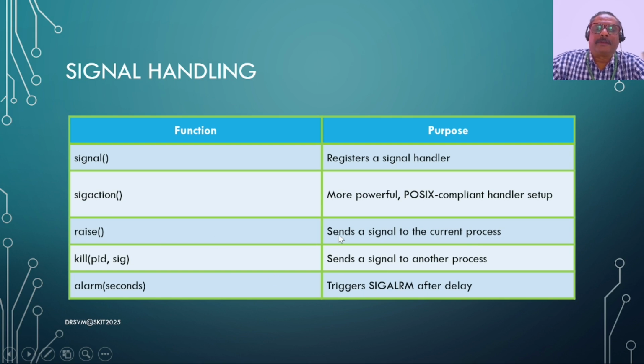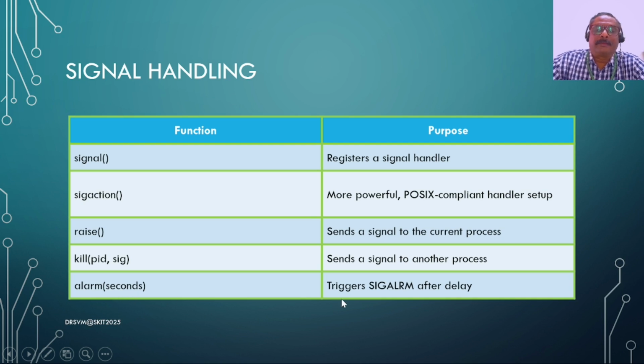Raise sends a signal to the current process. Whichever process is running currently, the signal is sent to that. Kill, wherein we say which process to be killed by sending a signal. So this signal goes to that another process whose PID is written here, and then will kill that process.